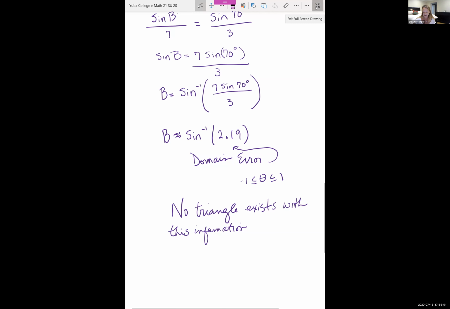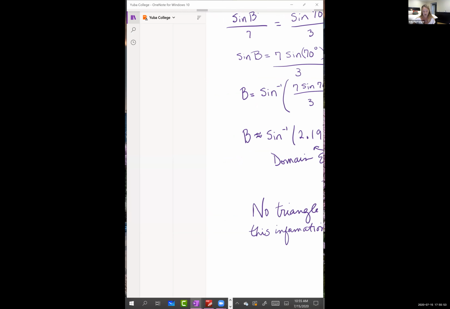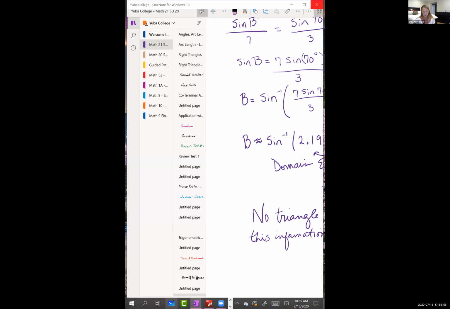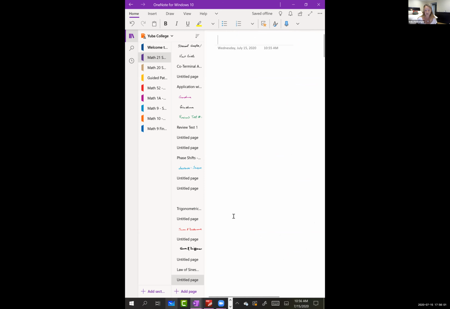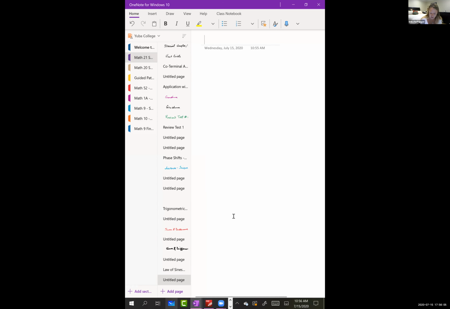We use it when you are given two sides and an angle sandwiched in between, or when you're given all three sides. Okay, so this is law of cosines. And then when we do some application, we use either law of sines or law of cosines. Sometimes we have to use both.